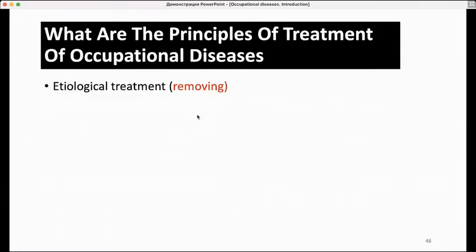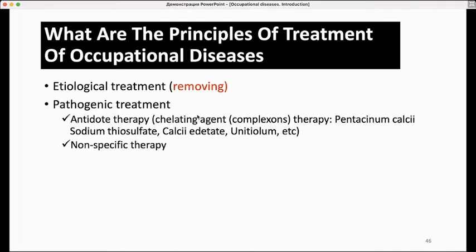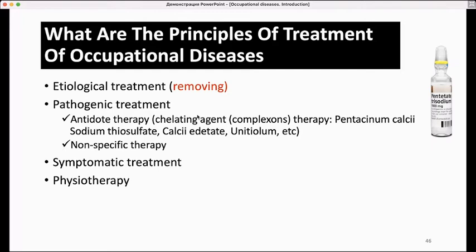The next question is how to treat occupational diseases. Here we have such options as etiological treatment, pathogenetic treatment, symptomatic treatment, and physiotherapy. Many occupational diseases can be cured with removal.